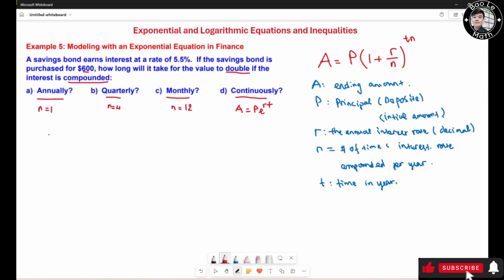Now let's move on to question C. Is n equals 12 because we have 12 months per year. So it's going to be 1200 equals 600 times 1 plus 0.055 divided by 12 raised to the t times 12, right?